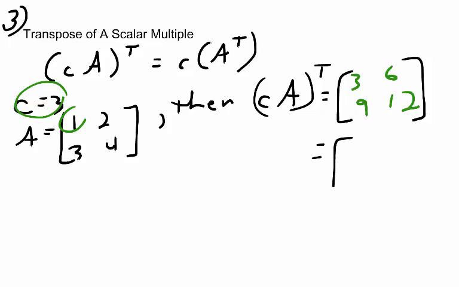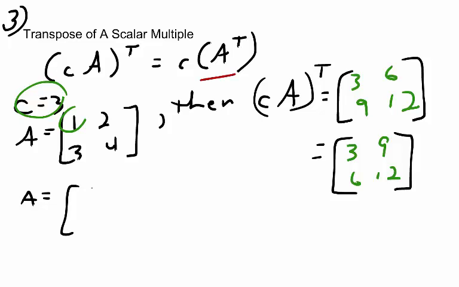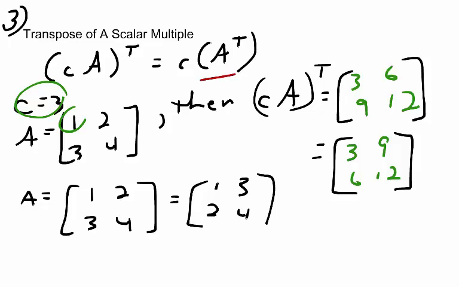So taking the transpose of our matrix multiplied by our scalar, where C equals 3, now we have 3, 6, 9, 12. Let's see if we get the same result if we take the transpose first and then multiply the scalar. So for A equals 1, 2, 3, 4, we have row 1 turning into column 1, row 2 turning into column 2.